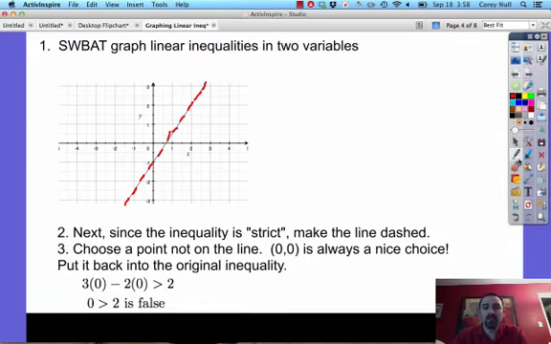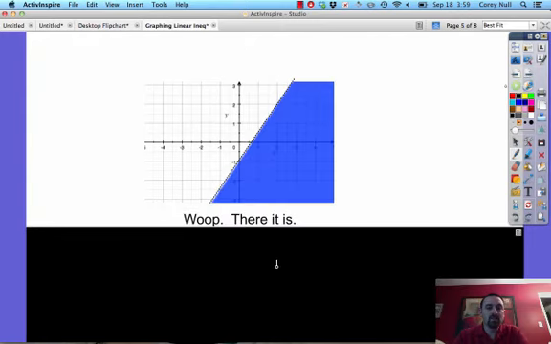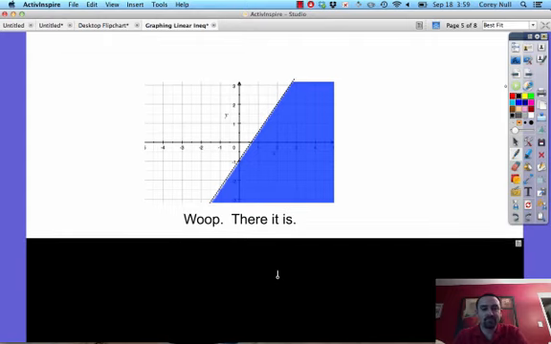So the point 0, 0 is not a solution to the inequality. So this section will not be shaded. Instead, we're going to shade this side. And when I say shade, you can just do this sort of thing. Here is my solution set: a dashed line, and the region is shaded over here.